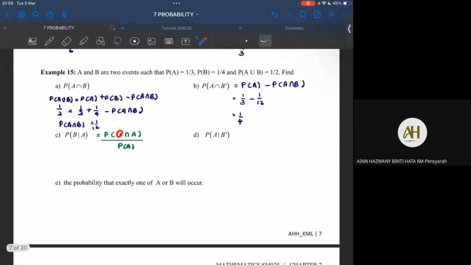Janganlah kamu tulis A intersect B dekat sini. Okay, sebab nanti kamu tersalah tulis B di sini. Okay, so ingat kalau di belakang A, belakang mesti A, bawah mesti A. Okay, jangan salah. So, but B intersect A is the same thing. So, kita boleh ambil 1/12. So, P(A) is 1/3. So, here we have 1/4.